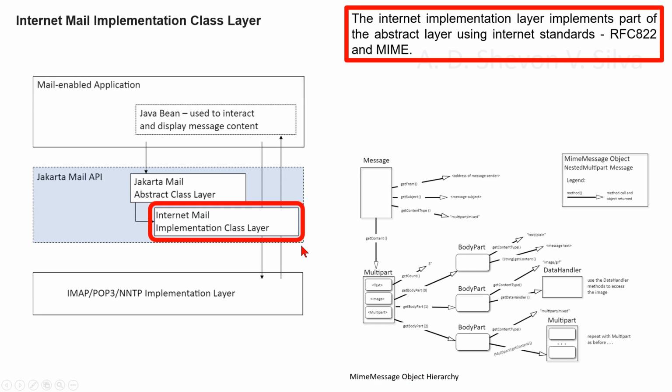The internet implementation layer implements part of the abstract layer using internet standards RFC 822 and MIME. Here you can see the MimeMessage object hierarchy.